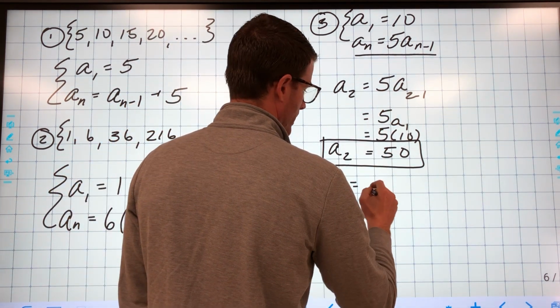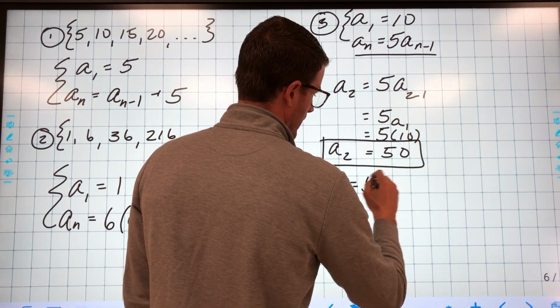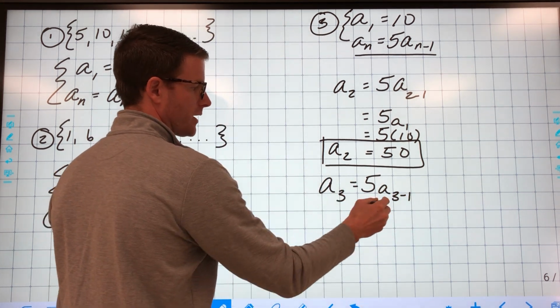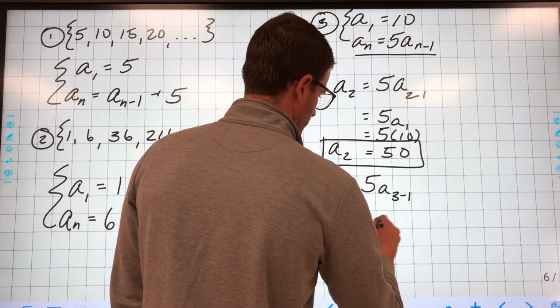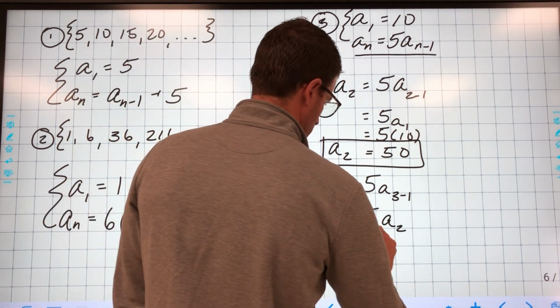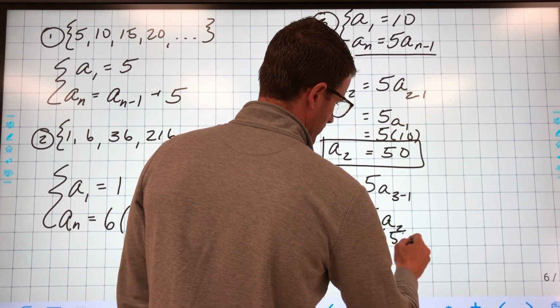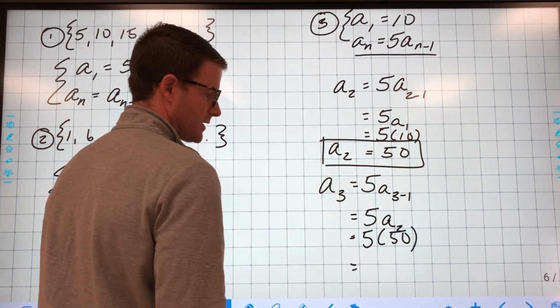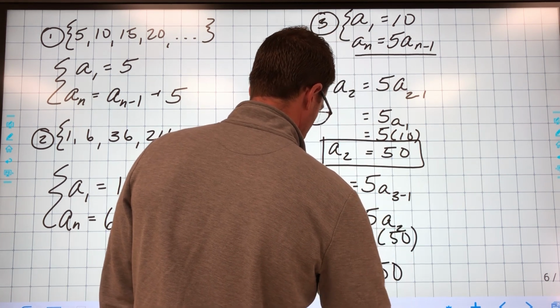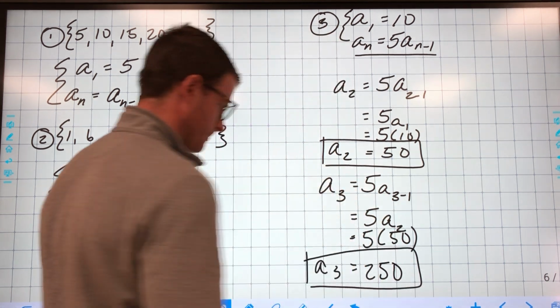In this case, multiply by 5, so this is going to be 5 times a sub 3 minus 1. Again, just plug a 3 in anywhere there's an n. So that'd be 5 times a sub 2. Well, a sub 2 we just found is 50. So that'd be 5 times 50, which is 250. So a sub 3 equals 250.